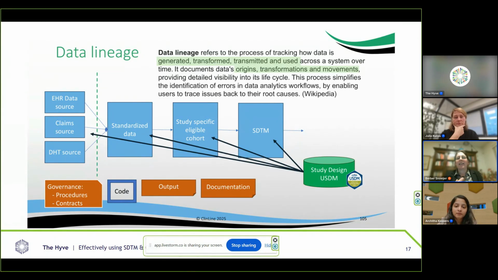By that, you enable users to trace issues back to their root causes. And if I look at the regulators, they want to know, if I have a data point that is not exactly as at the beginning, why is that the case? What happened? So that's also important. It includes all the procedures, contract, code, output, and documentation.